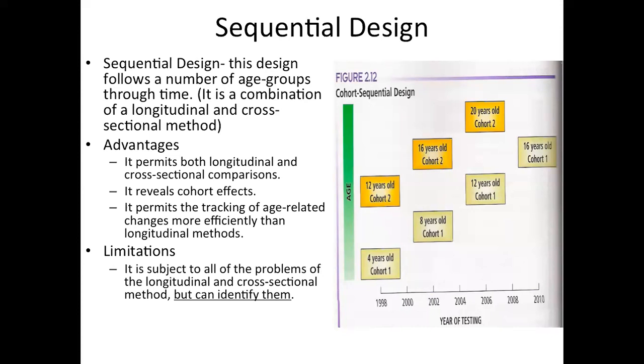We can prove that there is a cohort effect happening with a sequential design. Now, it doesn't mean that we can get rid of it. If there's a cohort effect, there's a cohort effect. With the previous two, we have to worry about whether or not there's a cohort effect. Here, we could definitively say, yes, there is, or no, there isn't a cohort effect. Does that make sense? Okay.